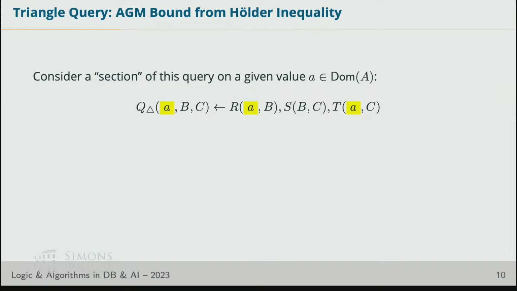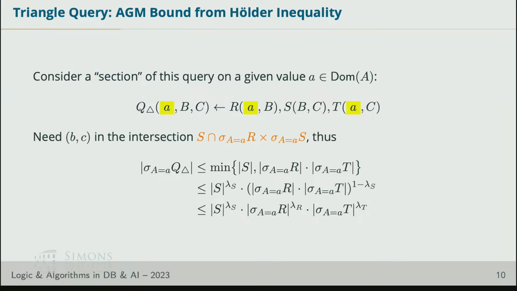Now, if we want to list all of the triples ABC for which this section is true, what we need is all of the pairs B and C for which the little b is in the projection of R onto B, the part of R where A is little a.